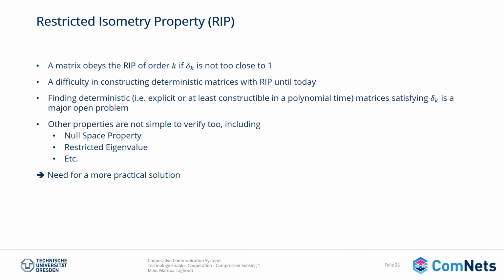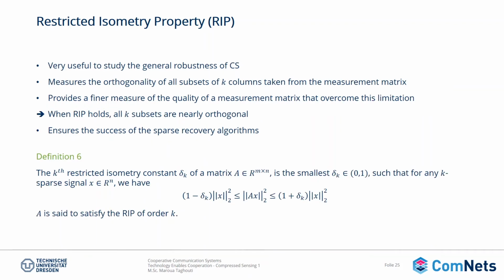So if my RIP constant gets closer to 1, then we are getting a little bit away from obeying the RIP, and maybe we are losing the property or the ability to say that we have a compressed sensing problem. Here, there is a difficulty in constructing deterministic matrices with the RIP until today. So, okay, we say that I can pick whatever matrix that would obey this specific inequality here, and then the job is done.